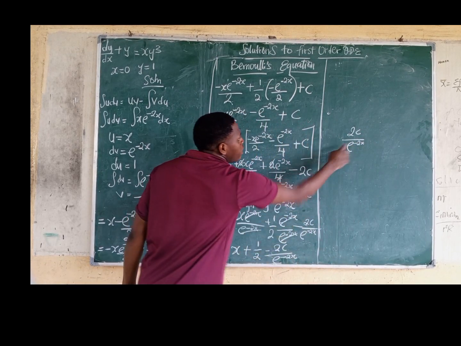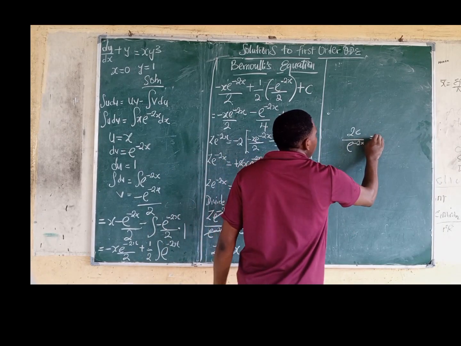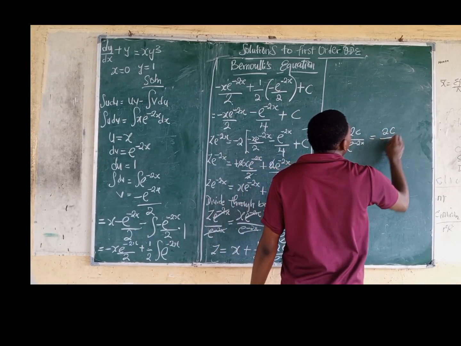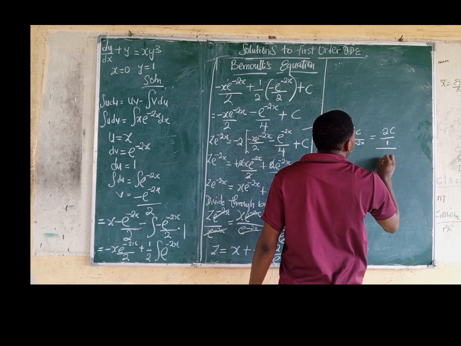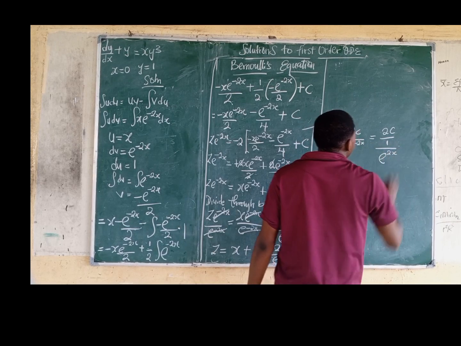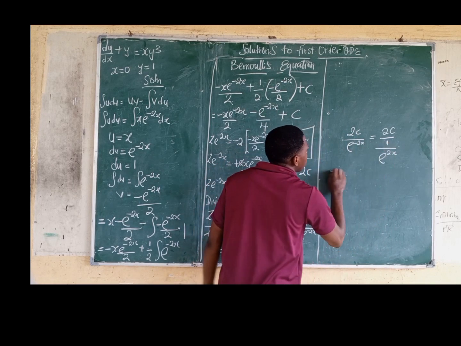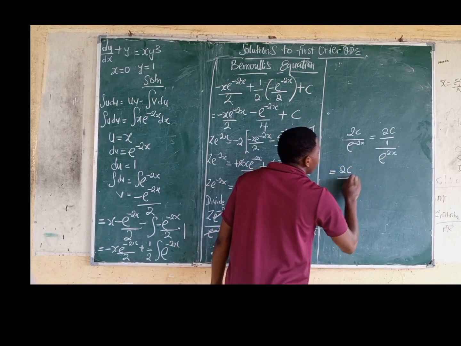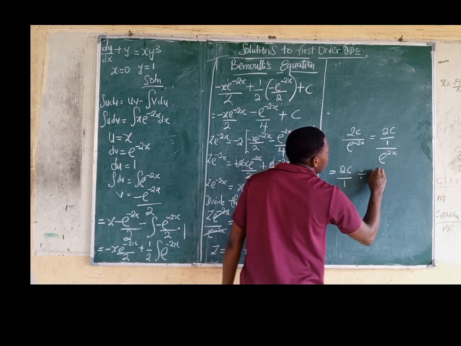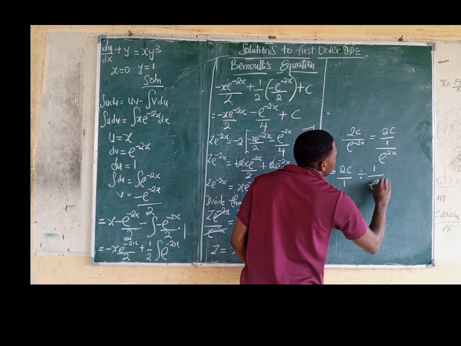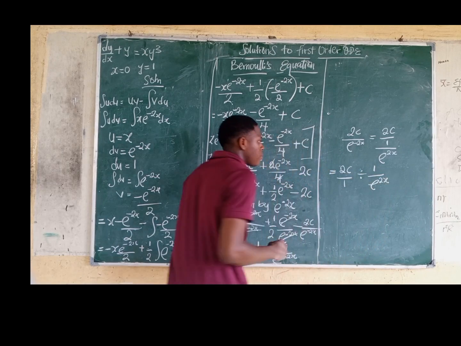Now, we can simplify this further by saying this is equal to 2c over 1 all over exponential 2x. So how do we do this? This can be written as 2c over 1 divided by 1 over exponential 2x.